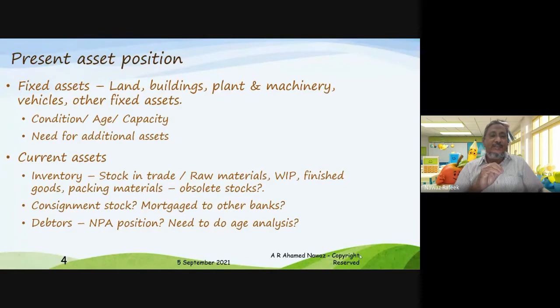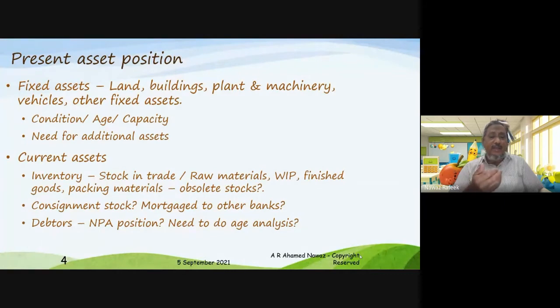Then debtors age analysis. Need to do age analysis. And a very important factor about the debtors is that you calculate later on, in ratio analysis, the data collection period. Take a debtors age analysis. Any debt more than 6 months, you have to consider NPA, non-performing; in other words, a bad debt.